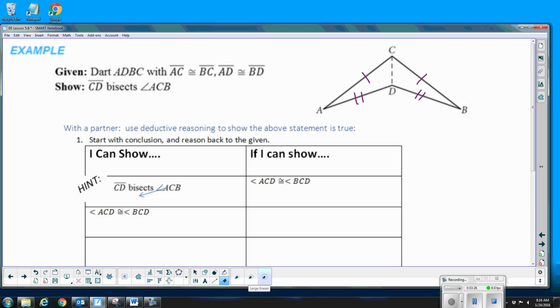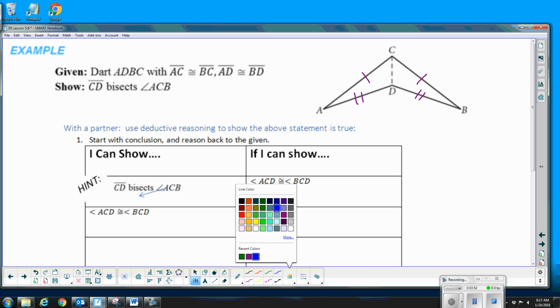So to start, you want to start with the conclusion and reason back to the given. So if the conclusion is CD bisects angle ACB, how are we going to show that? We can show that CD bisects ACB if we can show that those two angles are congruent. Okay, so can we show that this angle is congruent to that angle?